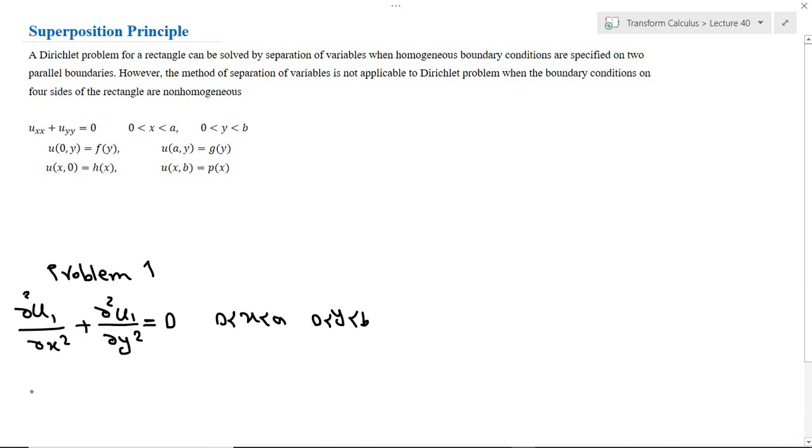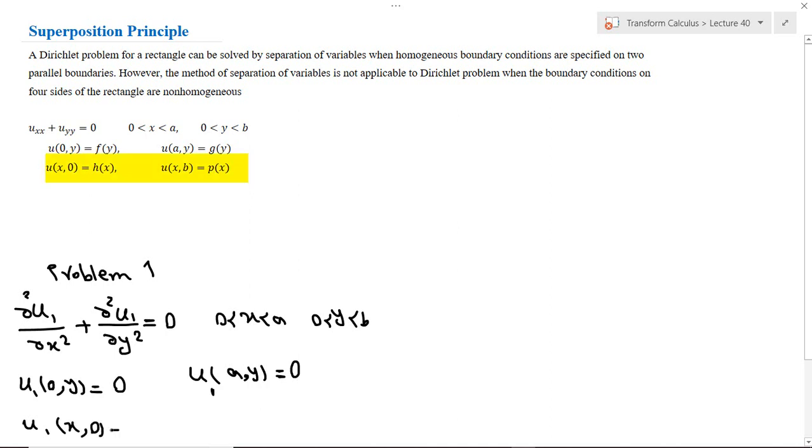The boundary conditions we assume are u1 of 0 and y is equal to 0, u1 of a and y is equal to 0, u1 of x and 0 is equal to h(x), and u1 of x and b is equal to p(x).